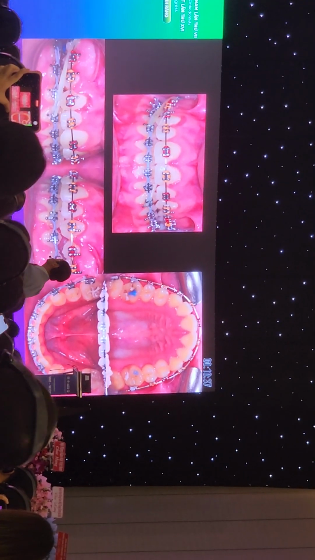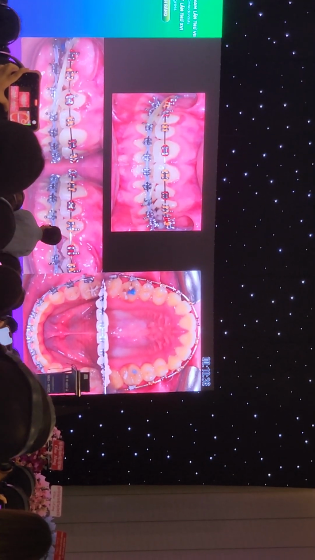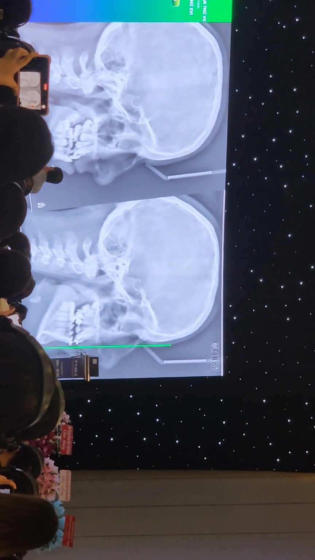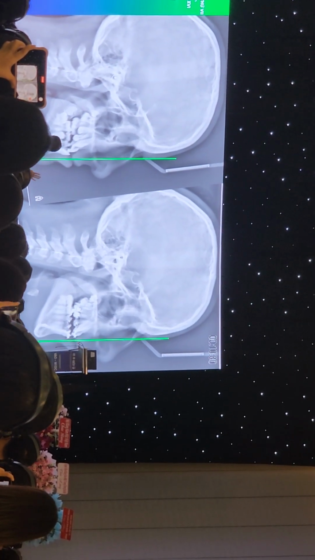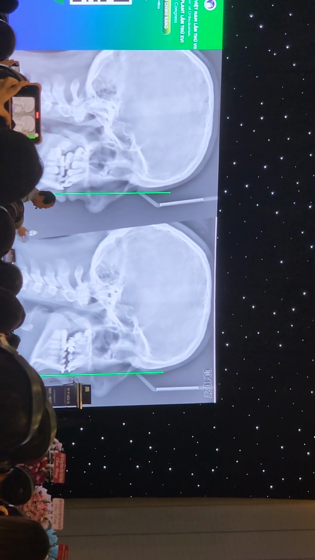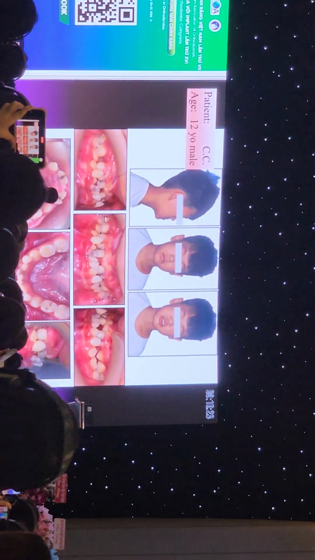So in this case, we are lucky that we don't need to take out any teeth, okay, and the teeth basically look parallel, and also his upper incisors right now are closer to the green line, so it actually looks better for that reason, all right?